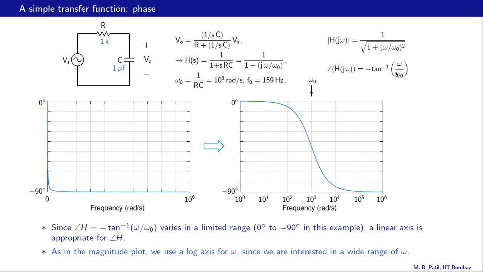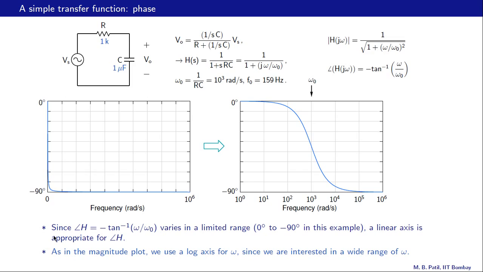Also, as omega becomes small, this quantity becomes 0 degrees, that is this part. As omega becomes large, minus tan inverse of infinity approaches minus pi by 2 or minus 90 degrees, that is this part. So from this angle versus log omega plot, we can get a lot of information.